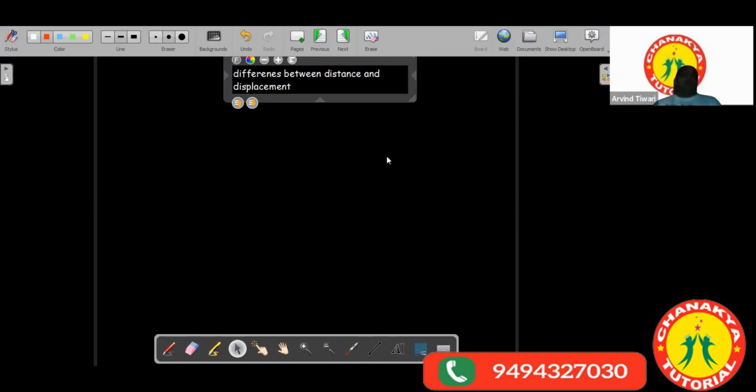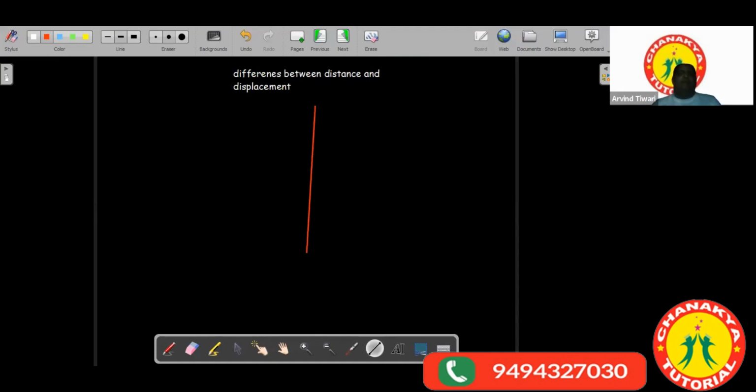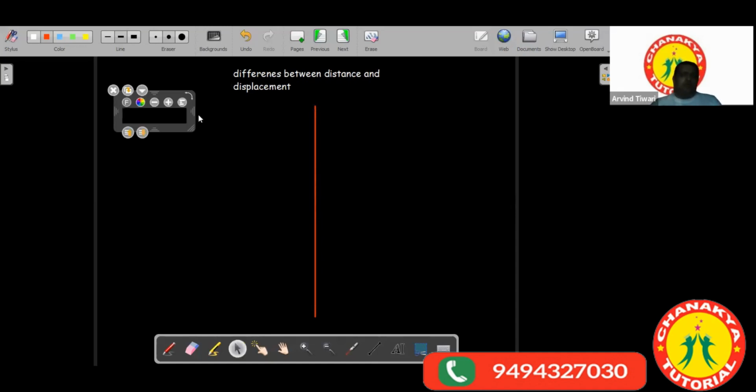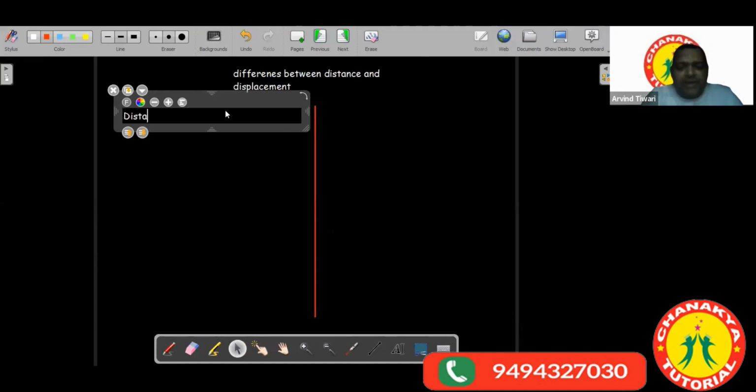So what are the differences between distance and displacements? We can see that distance is a scalar quantity. So we list out here that distance is a scalar quantity. Any other differences?